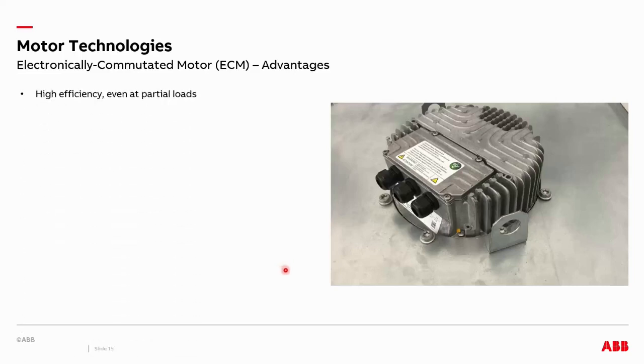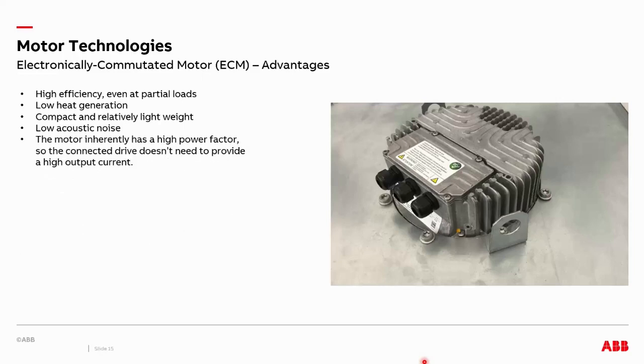So what are some advantages of using ECM technology? Well, as we just saw, higher efficiency at partial loads. But those higher efficiencies might be insignificant. Low heat generation, again, they have less losses. Compact and lightweight, they're able to accomplish that because of the permanent magnets. Low acoustical noise.